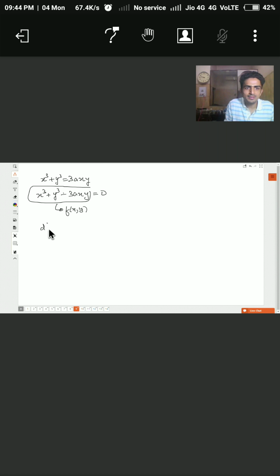Now my formula says, if f is equal to 0, then derivative of y with respect to x is minus partial derivative with respect to x divided by partial derivative with respect to y.